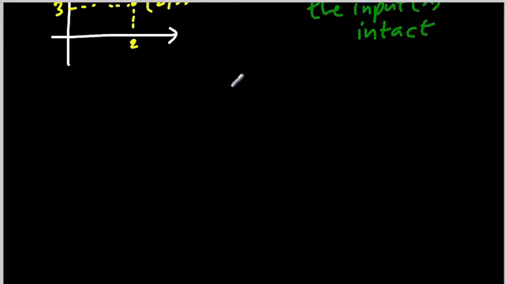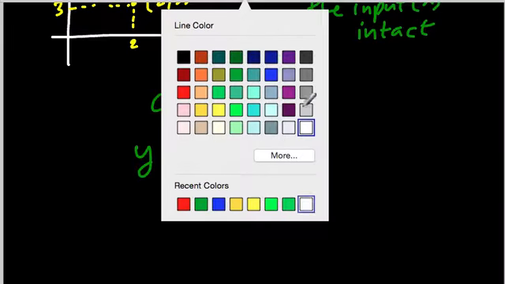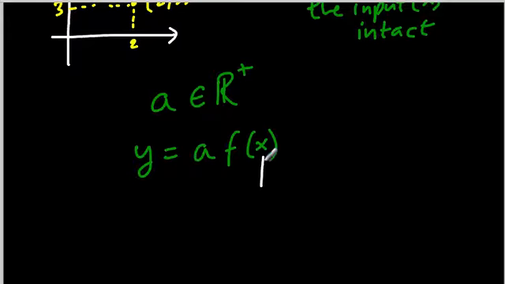Let's say, for example, throughout this, I have a variable a, and it's a positive real number. Say I write y equals a f of x. What this means is, if you observe over here, the x's are not touched.